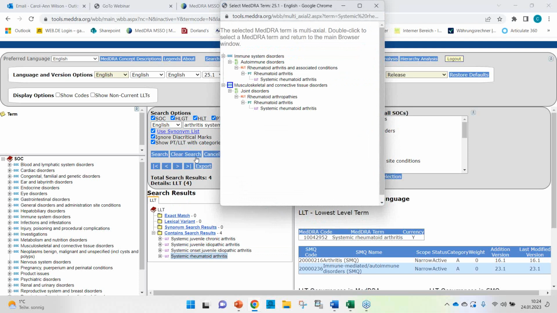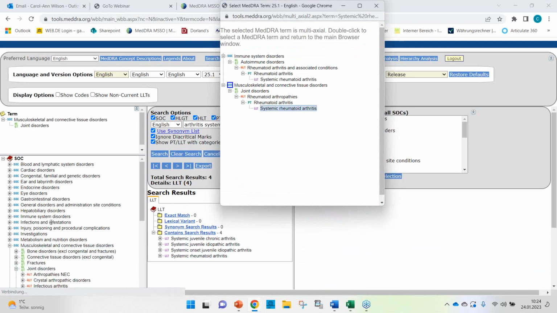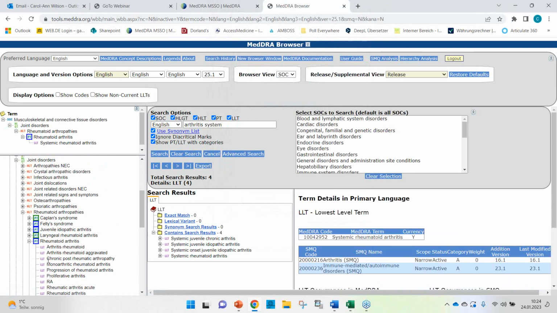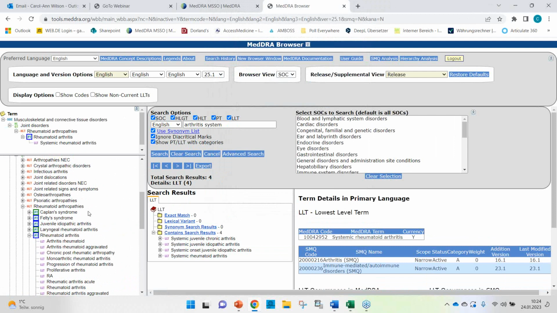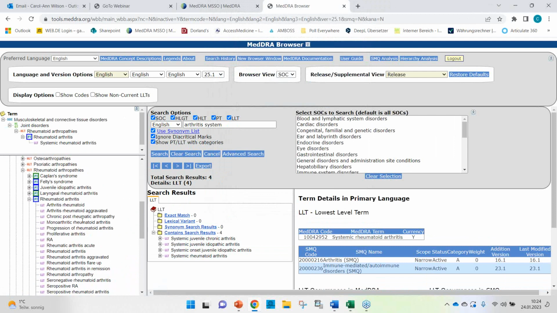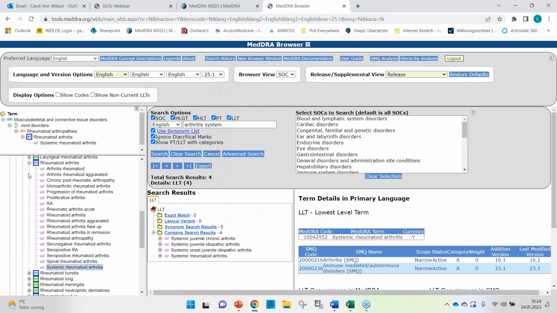Let us again go to the browser. Here we are. And we are in the HLT here, rheumatoid arthropathies. And rheumatoid arthritis, you see that there is no mentioning of any systemic aspect. And we also see that in the LLT content of this PT, the age group is not captured here.